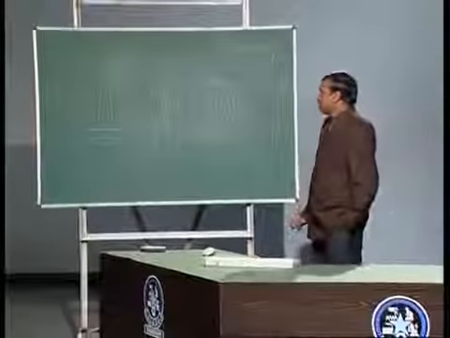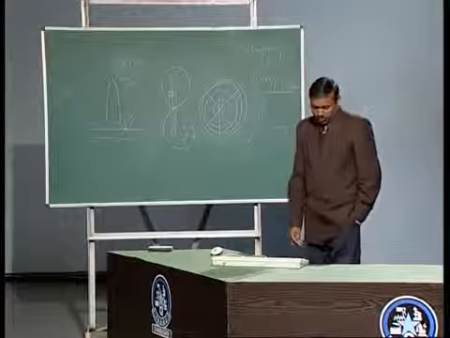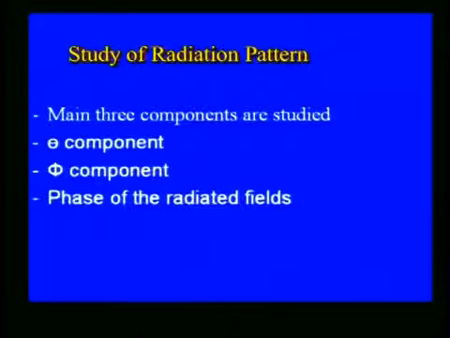So, basically the study of the radiation patterns is nothing but the study of 3 components. How the theta components are distributed in the far field region, how the phi components are distributed in the far field region, and how these phases are distributed, how these phases are linked with this radiated field.